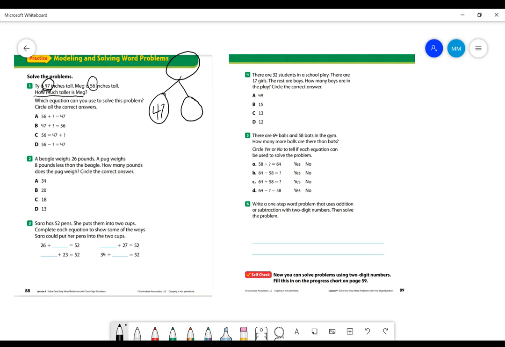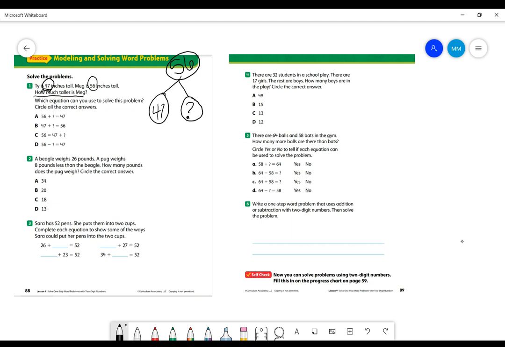So it's wanting us to figure out how many inches taller is Meg. How much taller is Meg? So we know that Meg is 56 inches tall altogether. So how many more inches taller is she than Ty?